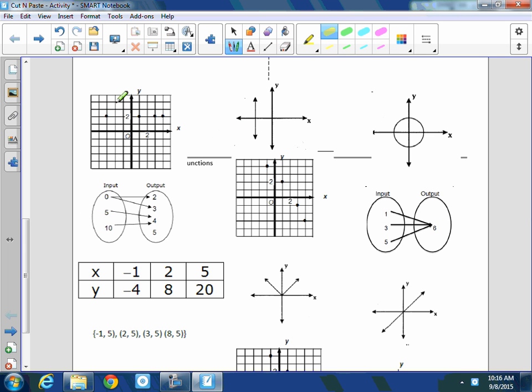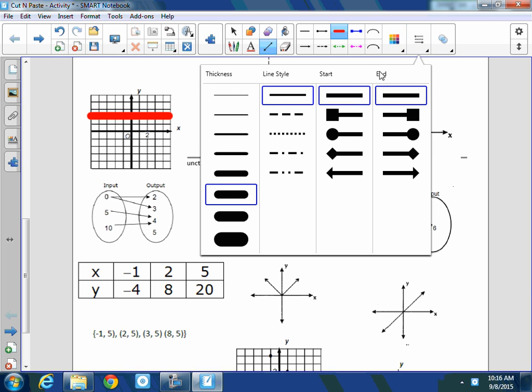Okay? So I have a line. This is the first one on your paper. The line goes, I believe, through here.